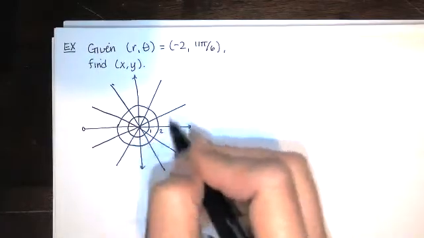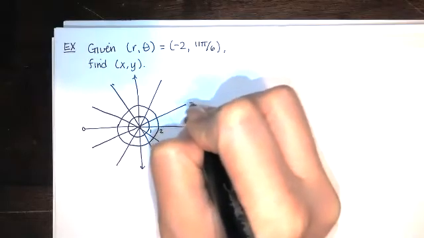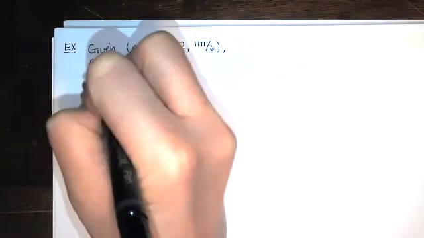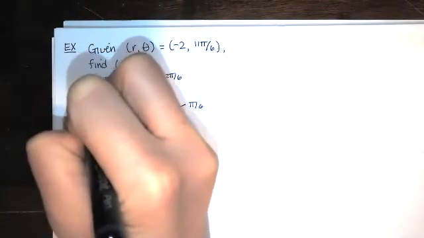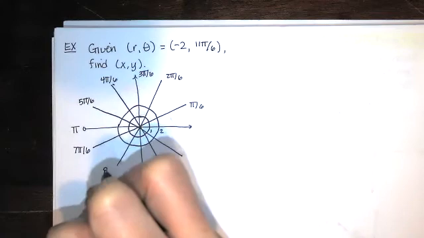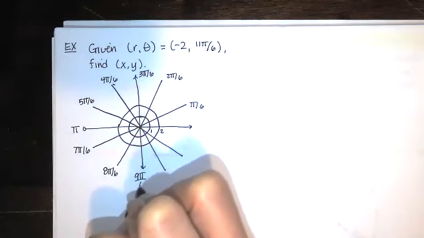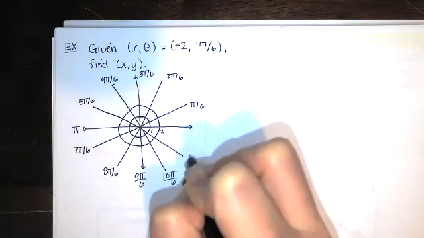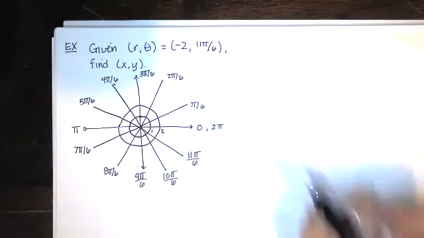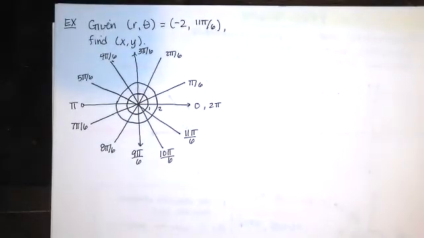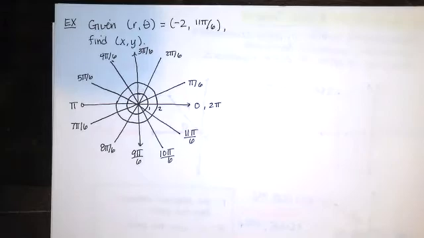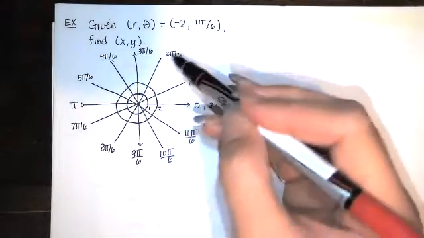If I took pi and split it into 6 equal pieces, this would be pi over 6, this is 2 pi over 6, 3 pi over 6, 4 pi over 6, 5 pi over 6, and 6 pi over 6, which is pi. And we've got 7 pi over 6, 8 pi over 6, 9 pi over 6, and go all the way around. I know many of these simplify, and then we're back at 0, and we have 2 pi again. But I'm writing it this way just to make it clear exactly what I'm doing. I'm just adding pi over 6 every time as I go from ray to ray.